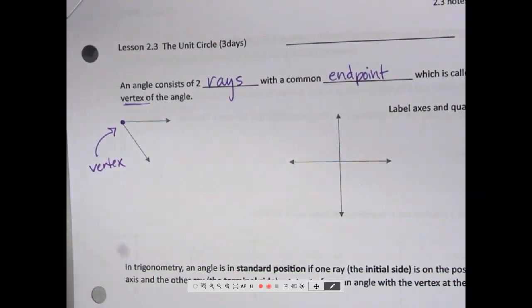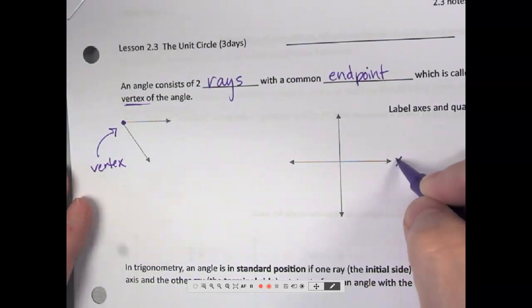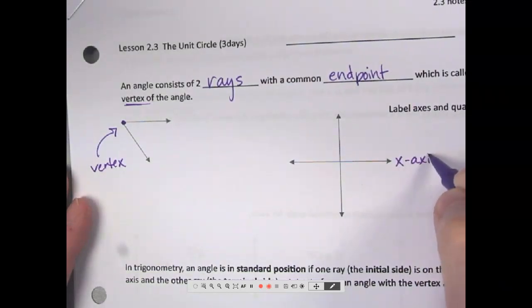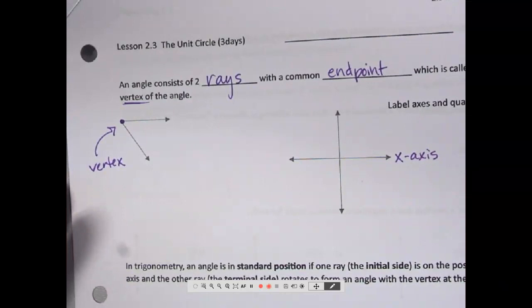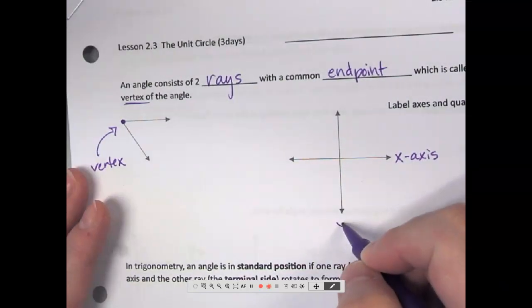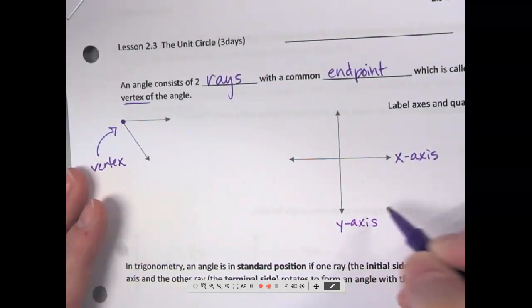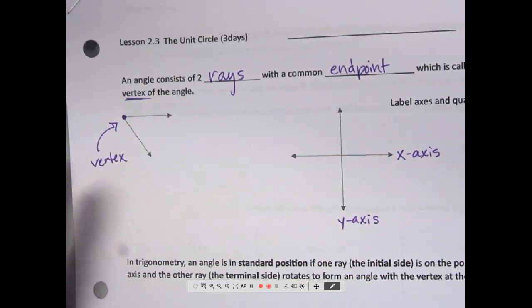Okay, so label the axes and the quadrants. Where is the x-axis? What do we call that? Horizontal. X-axis. And the y-axis is the vertical one. Where is quadrant 1? The one up to the top left?